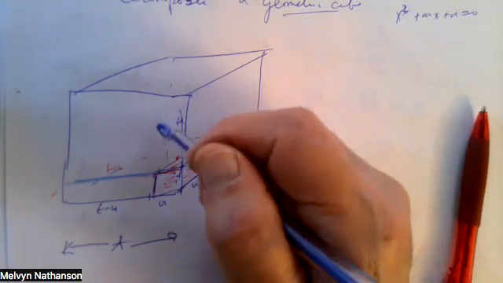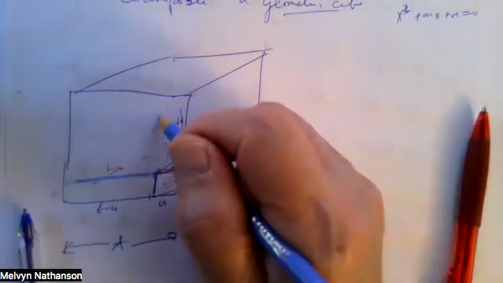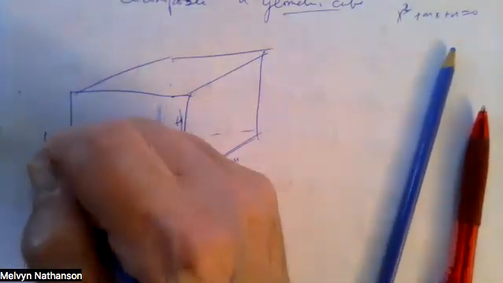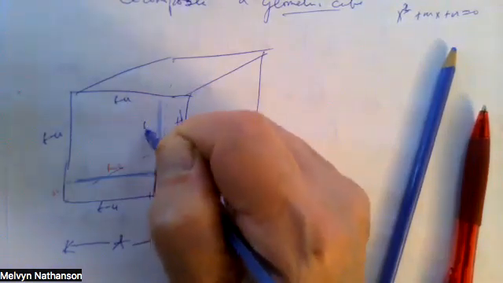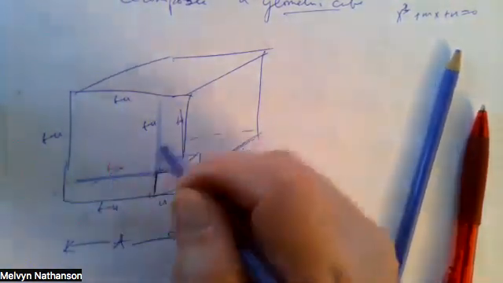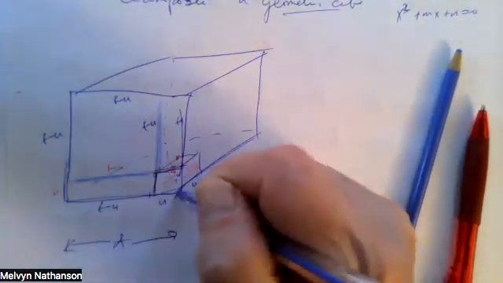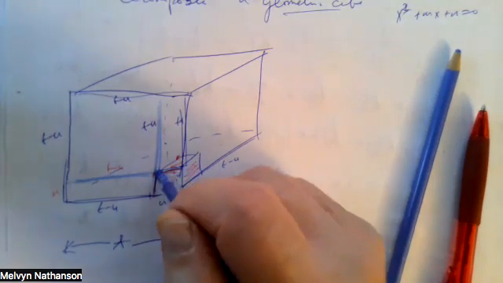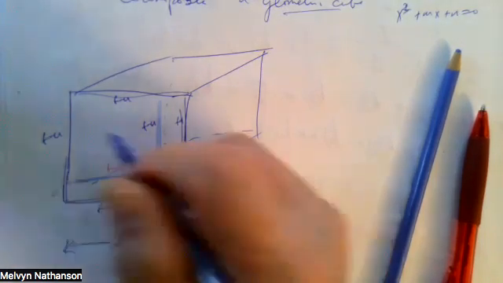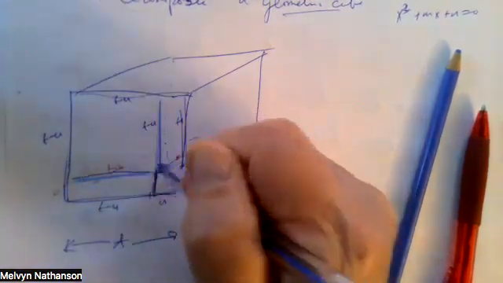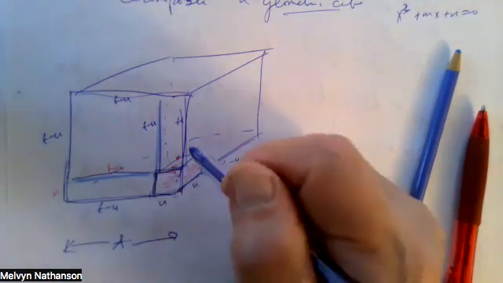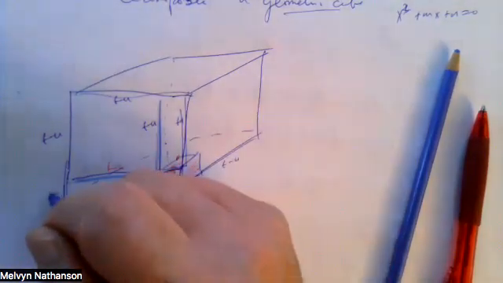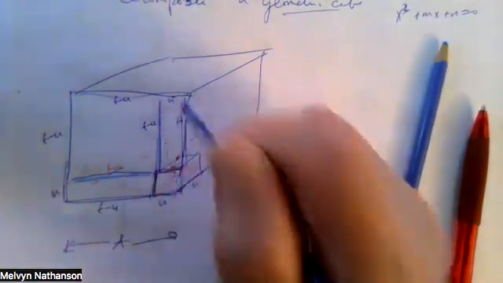And if I extend this up to the top, this is u, this is t minus u, this is t minus u, and this is t minus u. So on this face of the cube, I have a square in the lower right-hand corner whose side is u, I have a square in the upper left-hand corner whose side is t minus u. And then I have these two rectangles, u by t minus u.